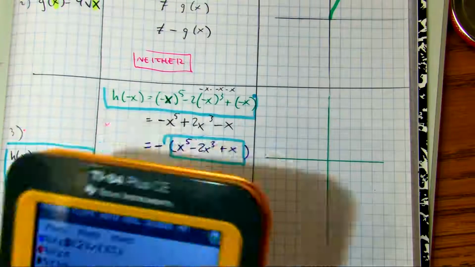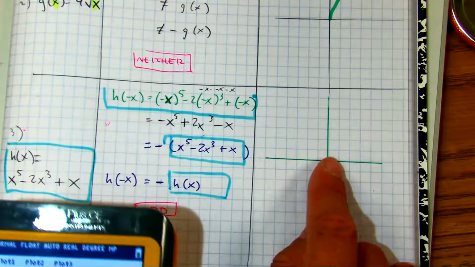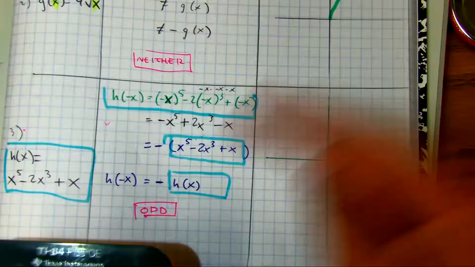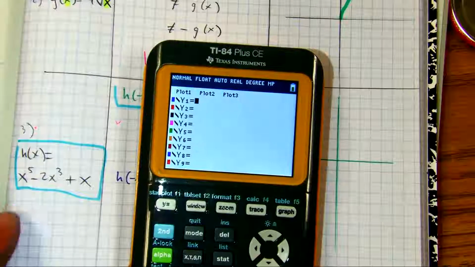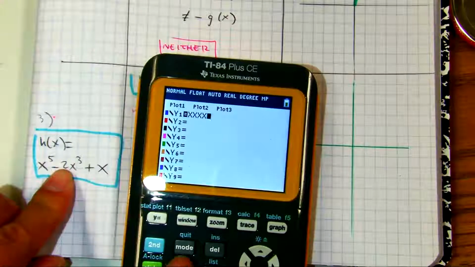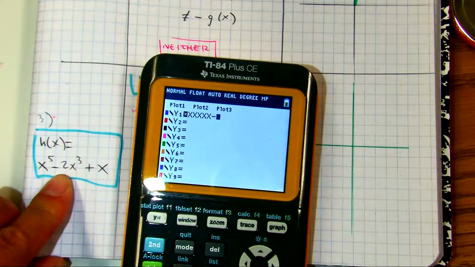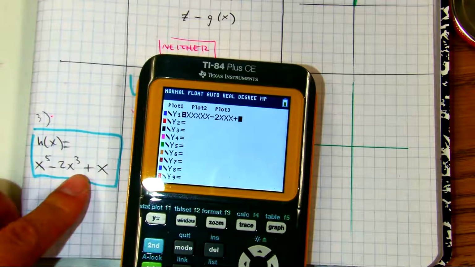Second and fourth, because it's symmetrical about the origin. Now, it could go in all of the graphs, but it gives you an idea of what's happening. X to the 5th minus 2x to the 3rd plus x.